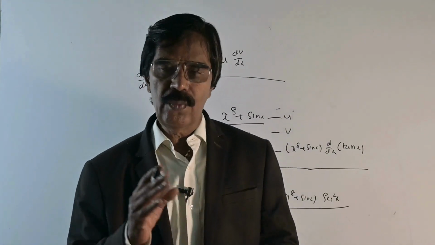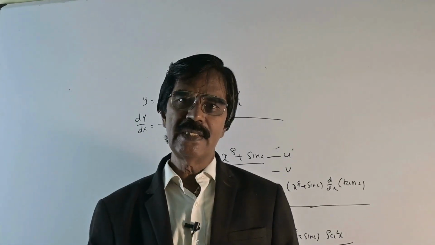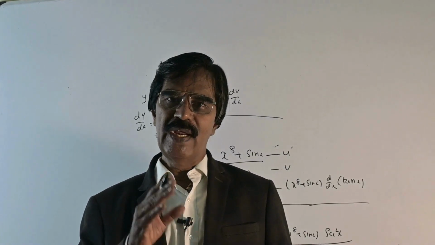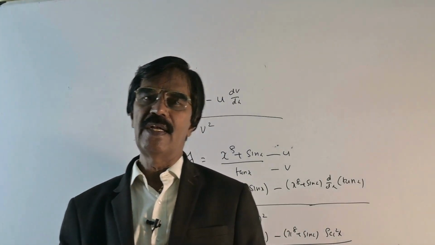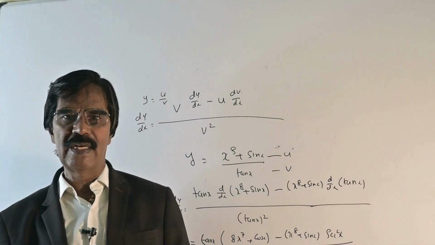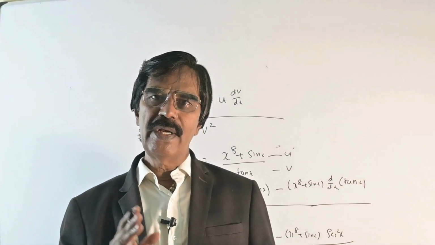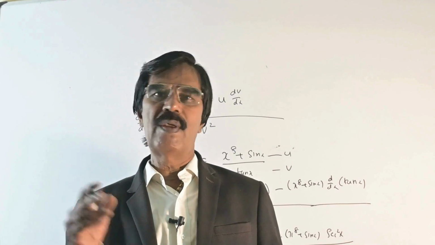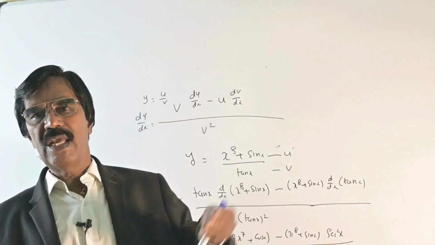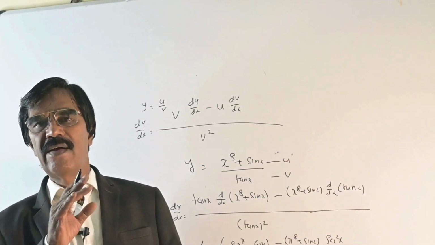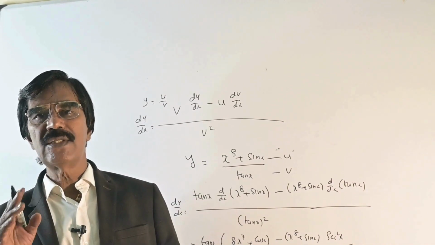Next, y is equal to uvw, uv as it is, w differentiated, vw as it is, u differentiated, uw as it is, v differentiated, uv into dw by dx, vw into du by dx, uw into dv by dx. Y is equal to u by v, divided by v square, v into du by dx minus u into dv by dx.